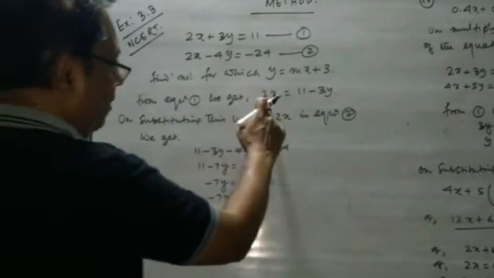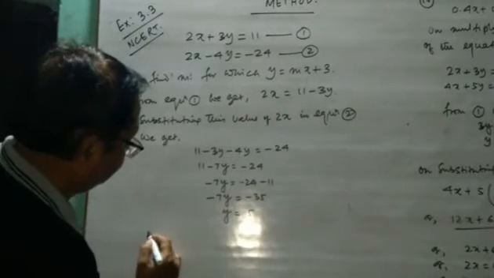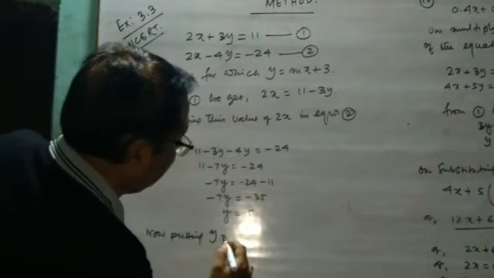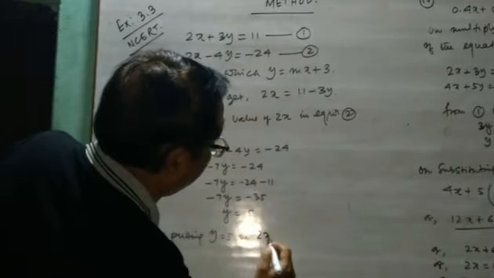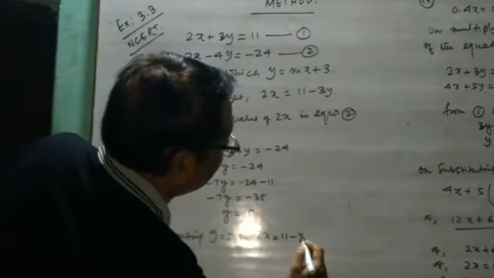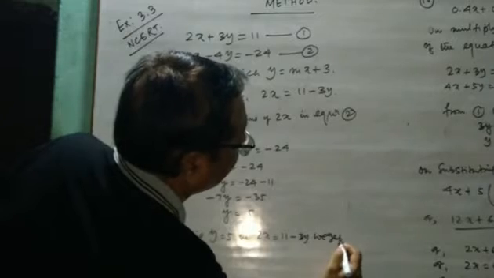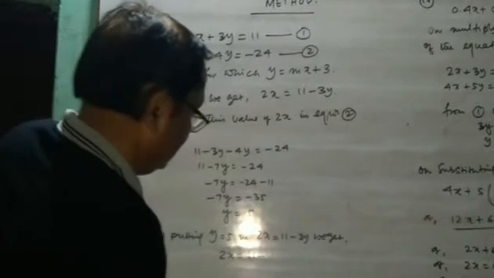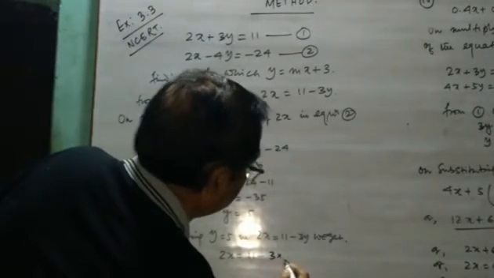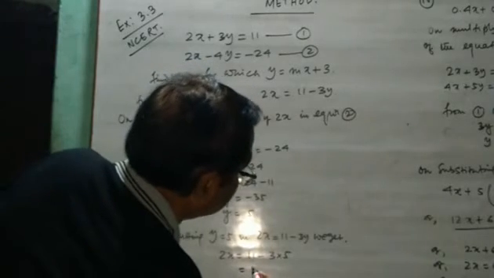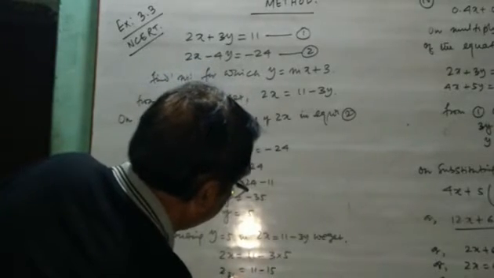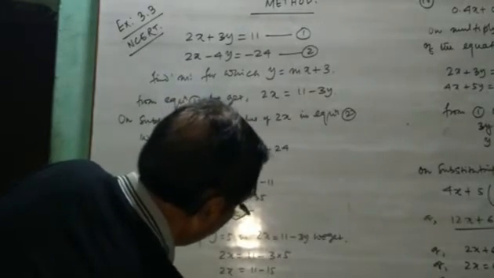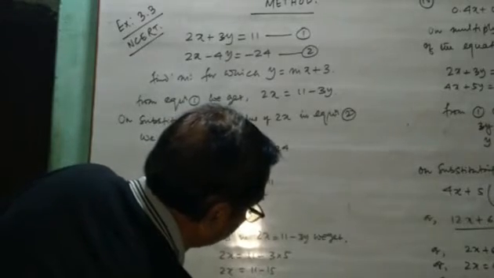Now we will put this value of y equals to 5 over here. Putting y equals to 5 into 2x is equal to 11 minus 3y, we get 2x is equal to 11 minus 3 into 5, that is 11 minus 15, or 2x equals to minus 4, or x equals to minus 2.